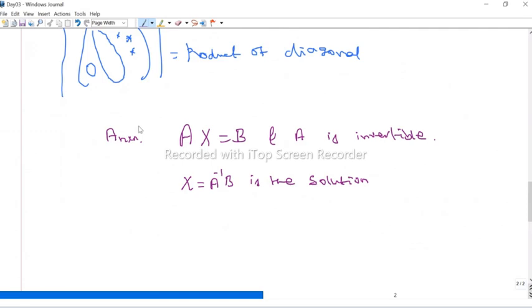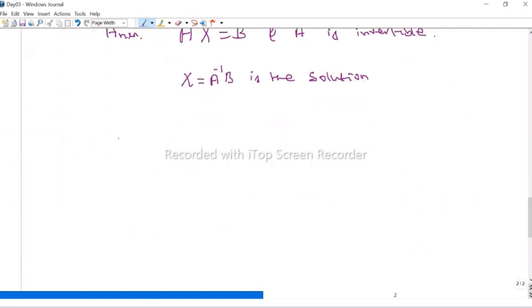So maybe I state this as a theorem. The theorem says, suppose A is an n by n invertible matrix.